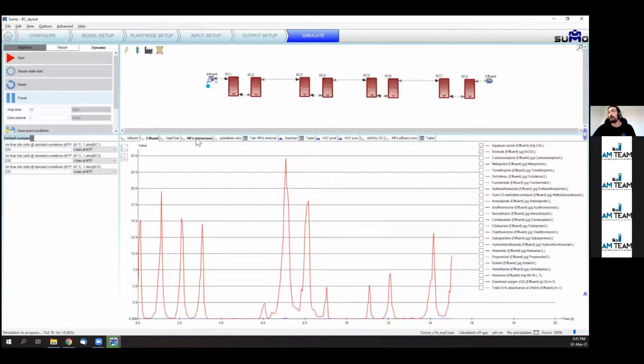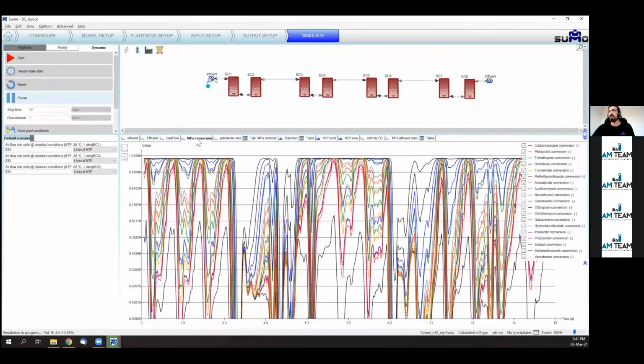At the same time, what you see here is very tremendous dynamics in your performance of micropollutants removal. You have here a 10 minutes frequency data set, so very high resolution data plotted over a time of 20 days in the simulation.